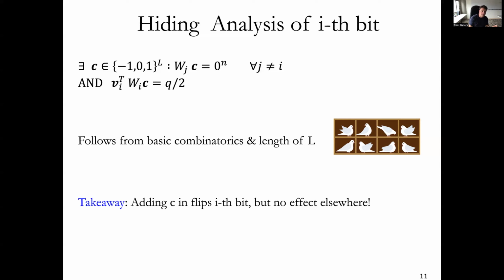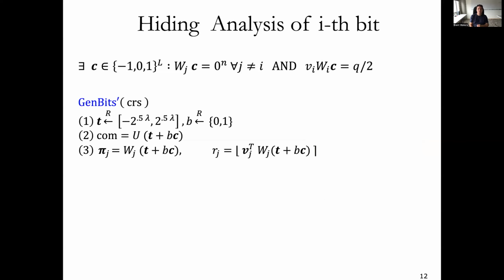The takeaway is that if we add C in there, we have that Vi times C is equal to Q over 2, which will essentially flip the evaluation on the ith bit, but it won't have any impact anywhere else, given that Wj times C is equal to 0.